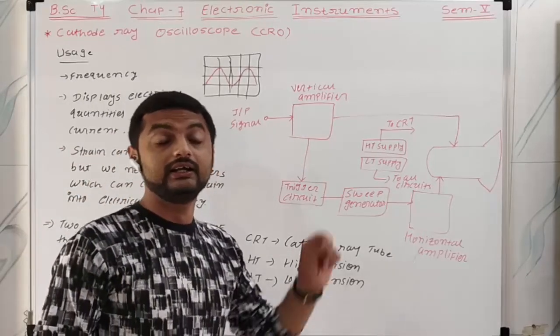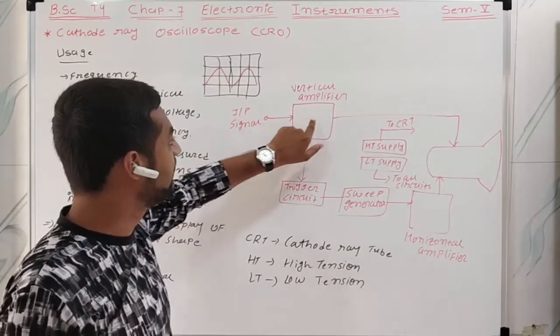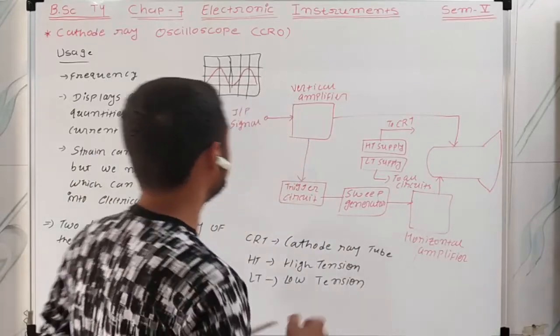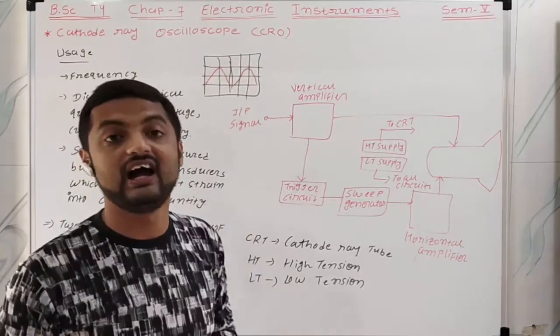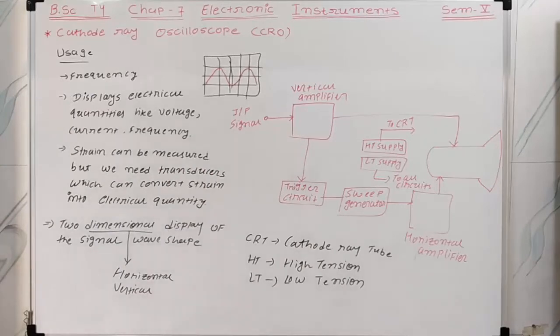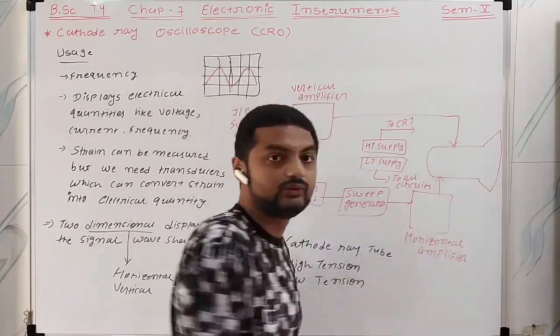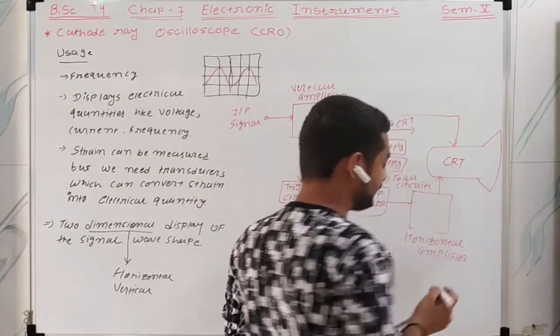Here in the input we are going to give some signal that is given to the vertical amplifier. What is the vertical amplifier? To increase or decrease its height can be done by this vertical amplifier. Then this is given to the CRT, the cathode ray tube.